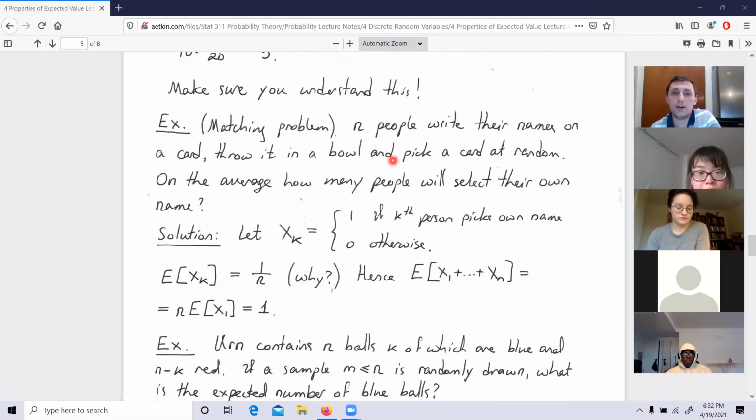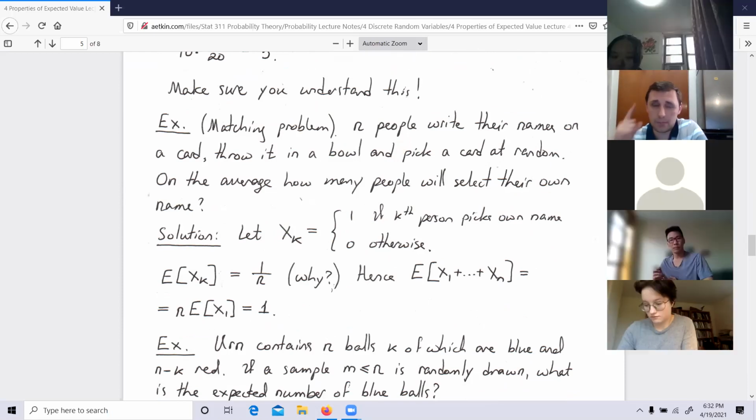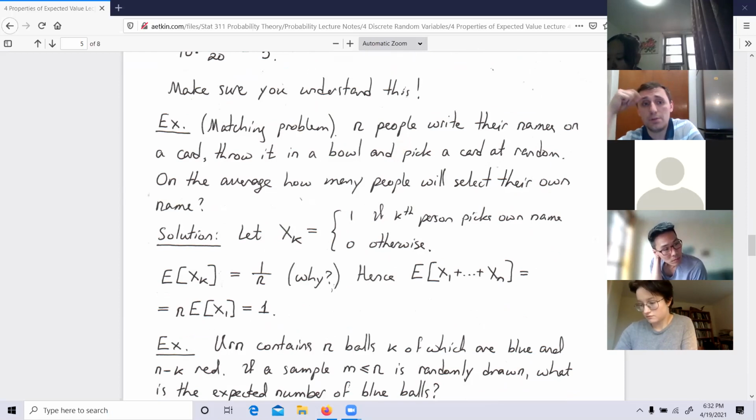All right, so let's do it together, guys. Here is how we can go about it. Let xk be the outcome for the kth person. It's equal to 1 when the kth person picks his own hat and 0 otherwise. So our expected value is the sum of those variables: x1, x2, all the way to xn.